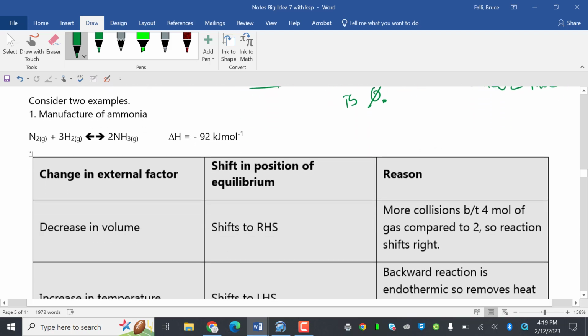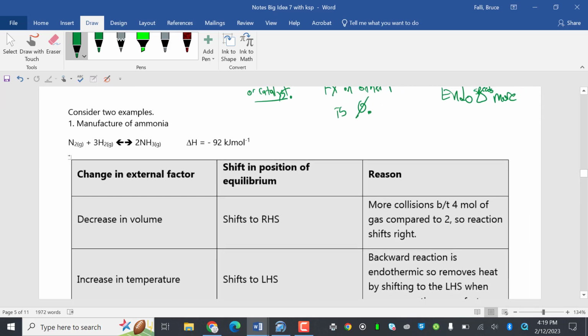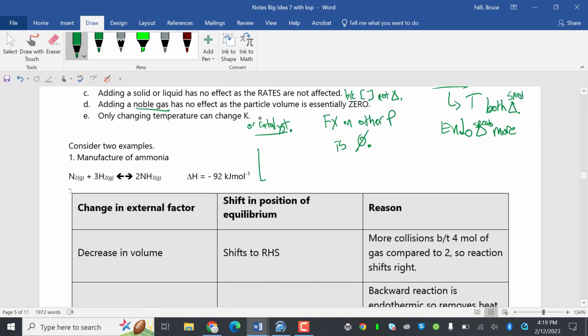So let's look at this. We're going to look at the manufacture of ammonia. So if I decrease the volume, what's going to happen is I go from a big old box to a little old box. Okay. Now, if you think about this, the reactants have 4 moles and the products have 2.